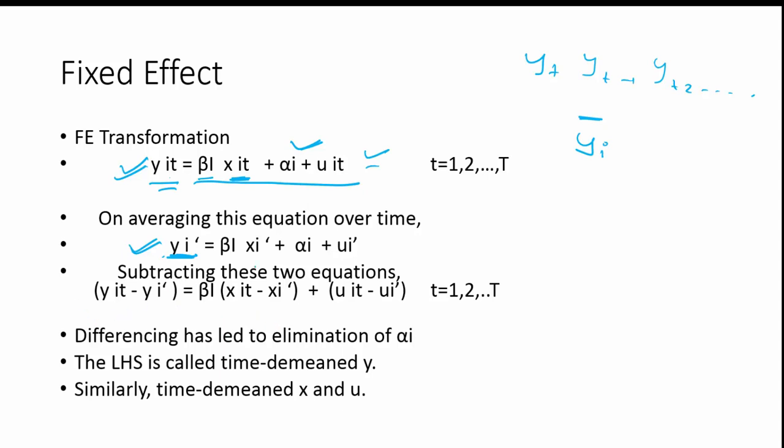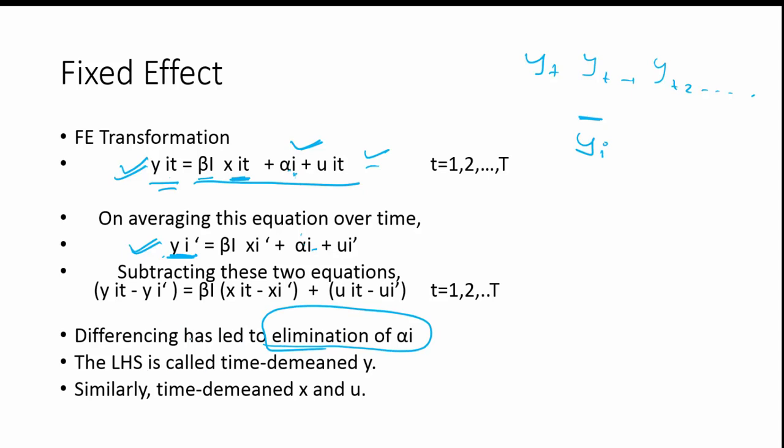The interesting thing is that, when you take the difference, the unobserved effect alpha i will get cancelled. Alpha i minus alpha i is 0, of course. So that is totally out of the equation. Now the estimation will be possible, so we're eliminating alpha i in this case.